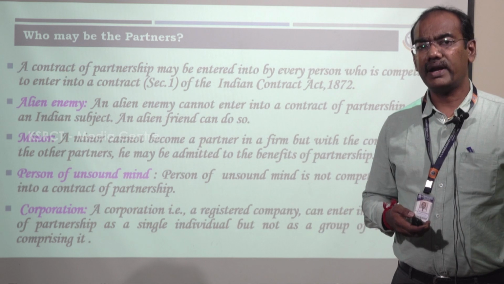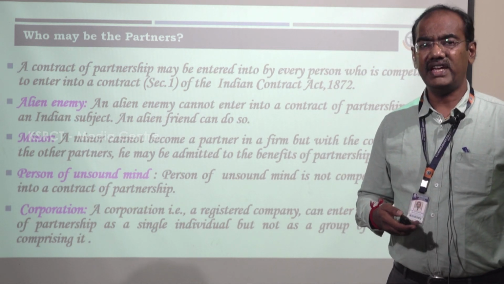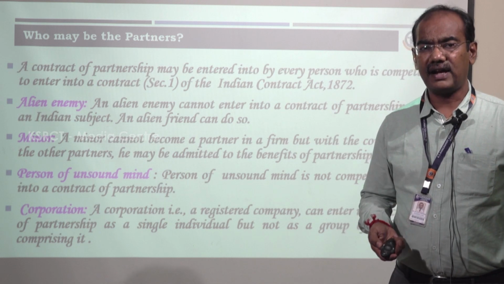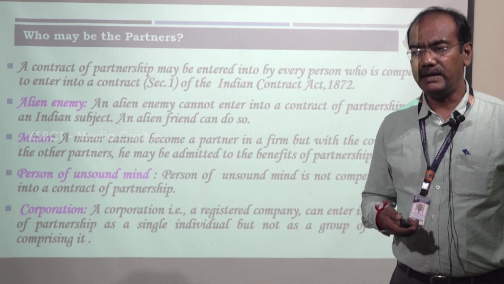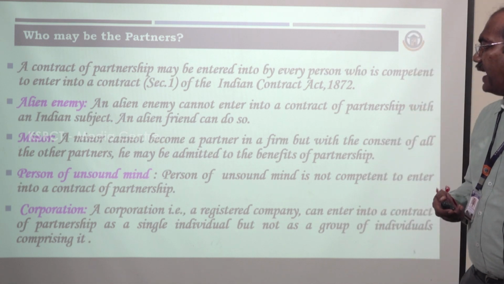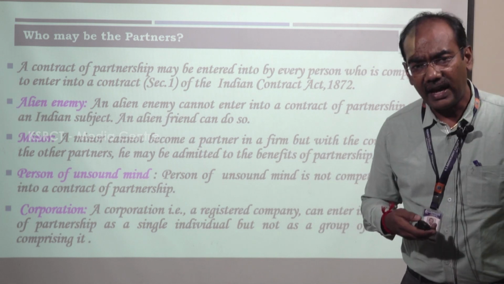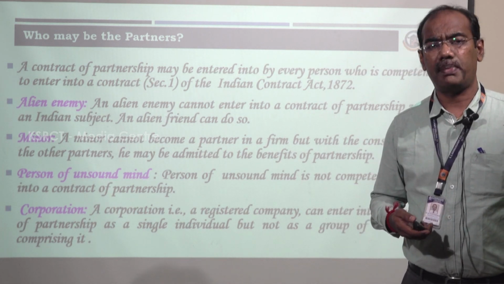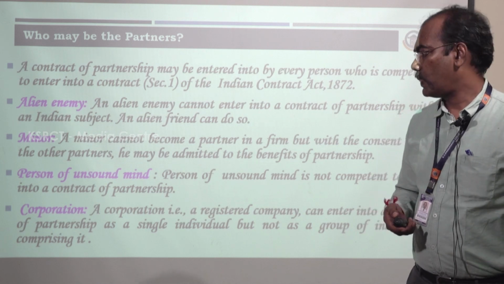For example, you cannot enter into a contract with an enemy country. If you are having a war with another country, they are called an enemy country. So you cannot enter a contract with an enemy country, that is an alien enemy. And a minor cannot become a partner of the firm, but with the consent of all the partners, they can be inducted into the partnership.